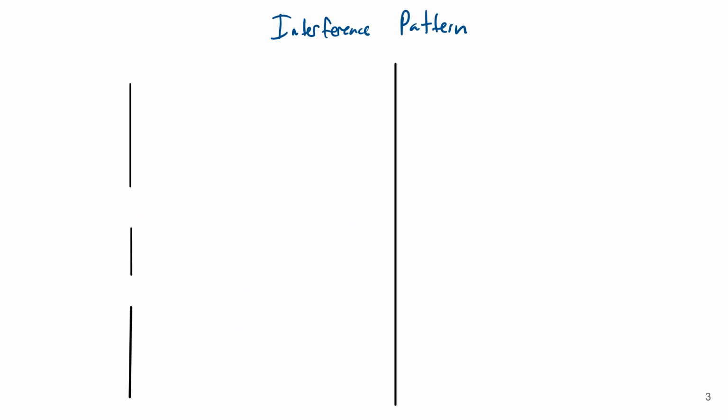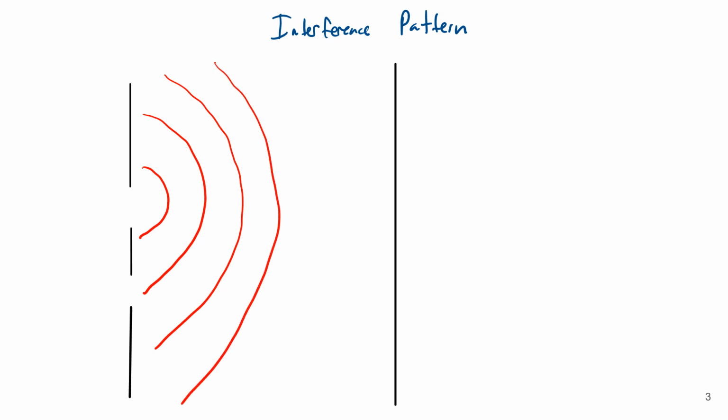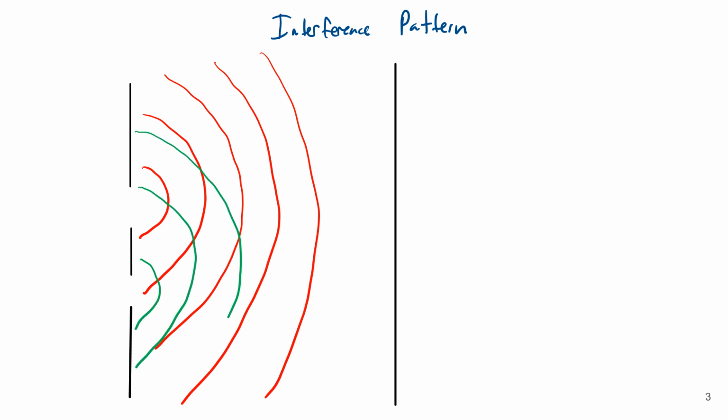If we have multiple openings, light's going to diffract through each opening and then interfere with itself. So if I draw a couple wavefronts here, I'm going to see that additionally, the other source also has wavefronts. And with those other wavefronts, we're going to start to see points of constructive and destructive interference, which is going to give us our diffraction pattern.